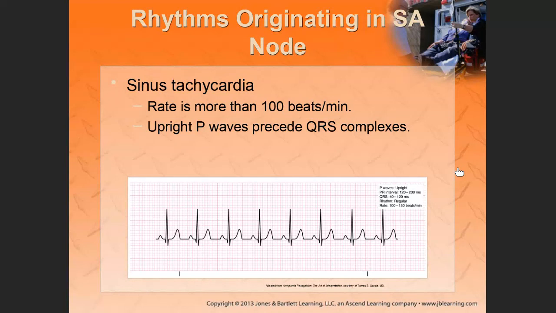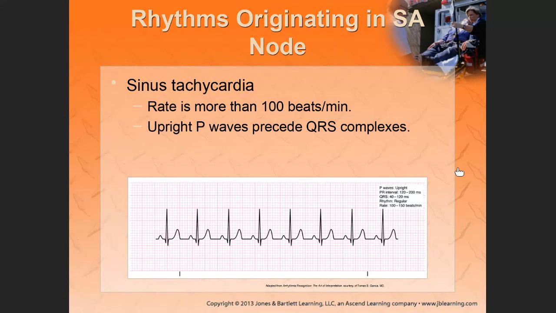Yes. Are the P waves consistent throughout the ECG? Yes. Are you seeing your QRS complexes? Yes. We can see that. Is every QRS complex followed by a T wave? Yes. Right?